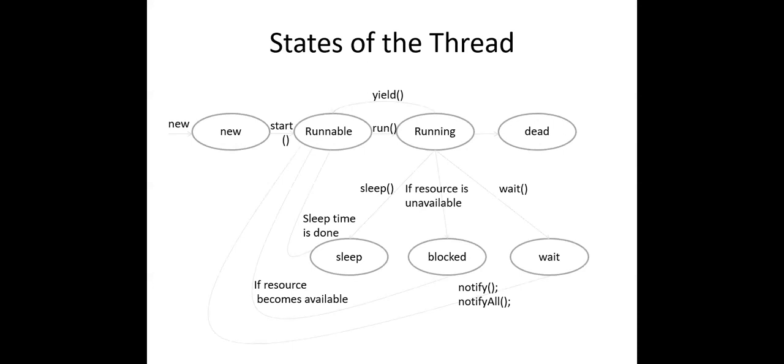New state, did we see or not? Yes, runnable. Yes, running. Yes, sleep. Yes, block. Yes, dead. What is left out is the wait state. How will it work for that? Again, one more program is there along with that, the yield method.